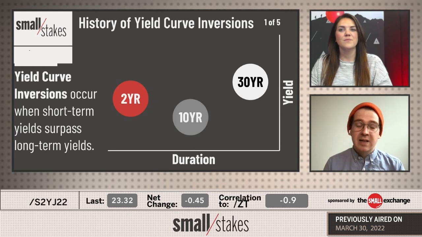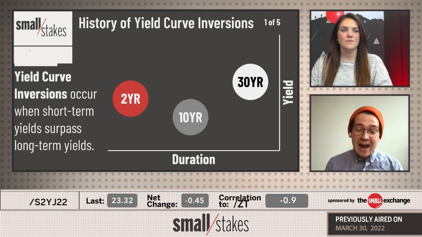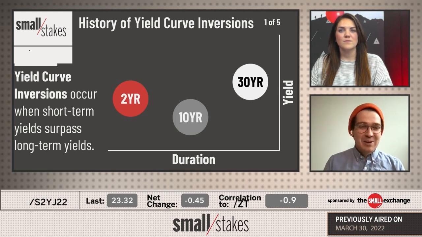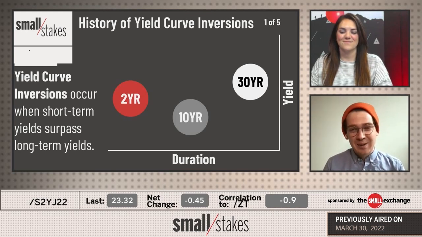And to that notion's credit, the history we're going to look through today of yield curve inversions dating back to the year 2000 shows they have occurred most times in tandem with a bit of a stock market crash, but they don't necessitate a stock market crash, Katie.